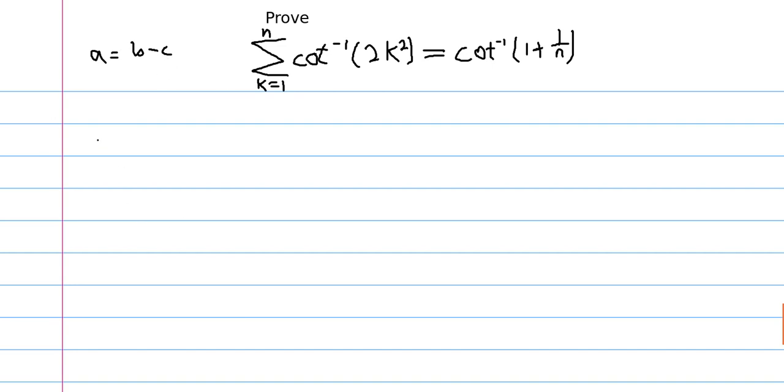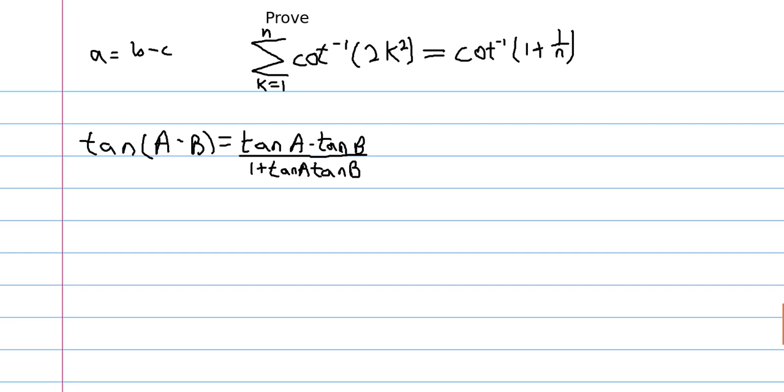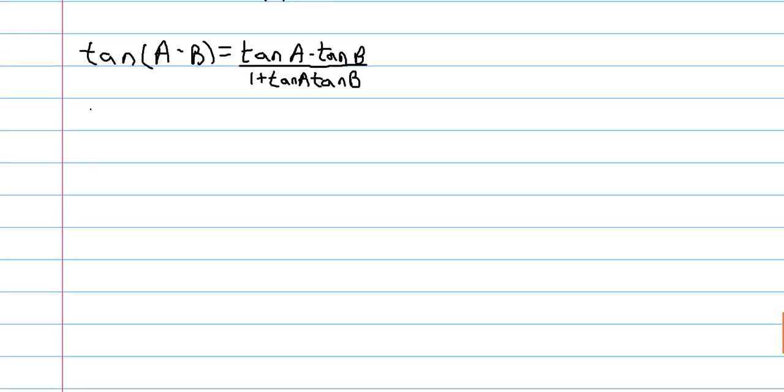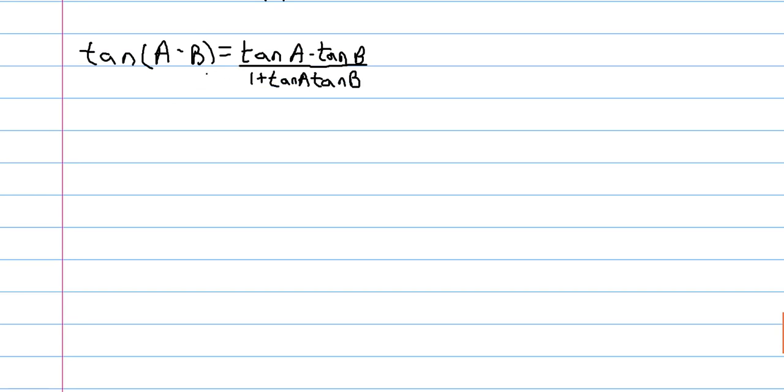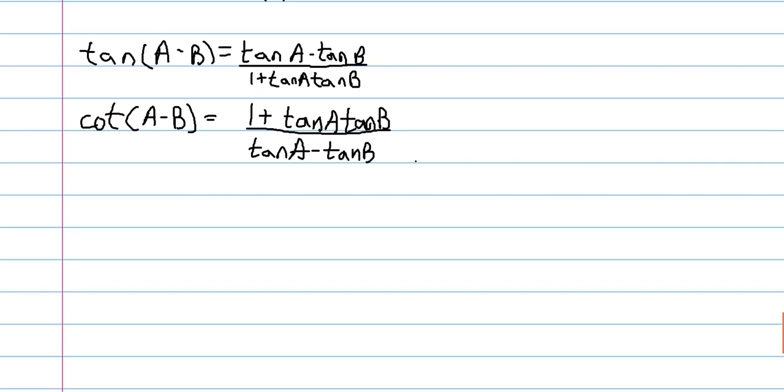So let's look at tangent of A minus B. This is equal to tangent of A minus tangent of B divided by 1 plus tangent A times tangent B. And cotangent and tangent are reciprocals, so I thought, well, why not just take the reciprocal of both sides? And so you get the following formula.